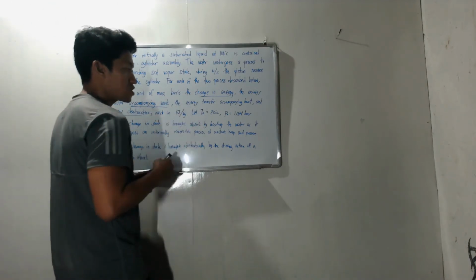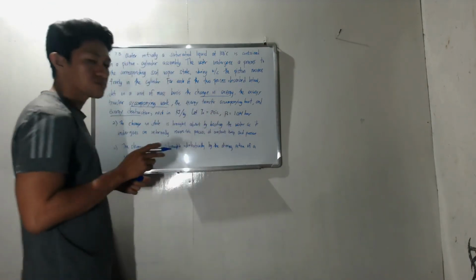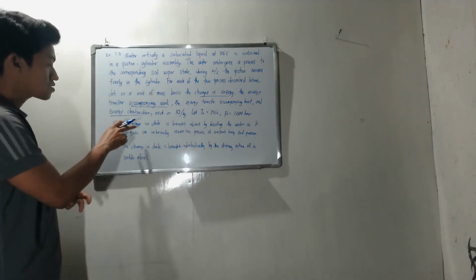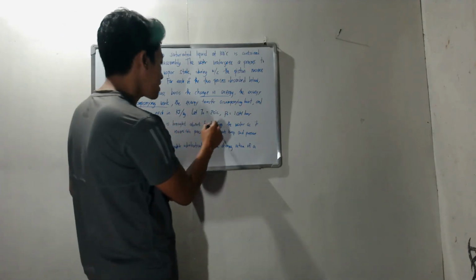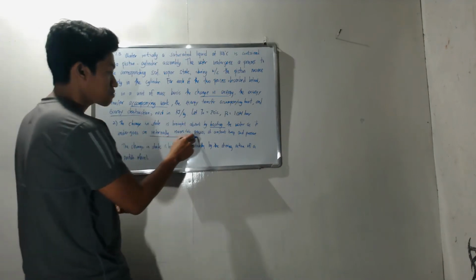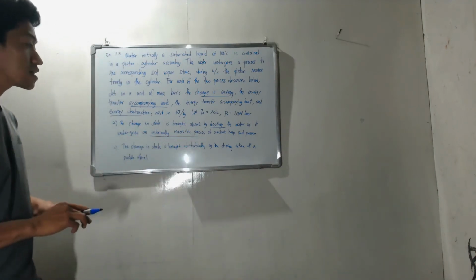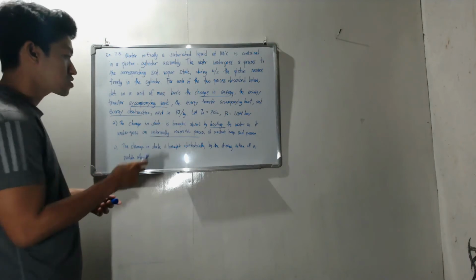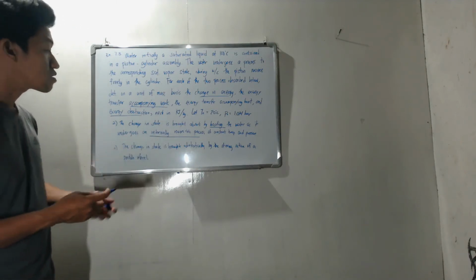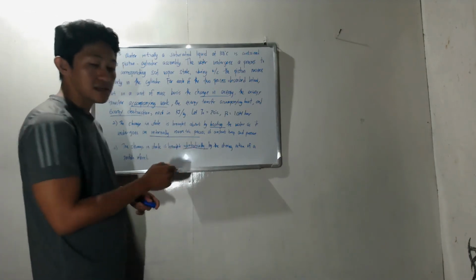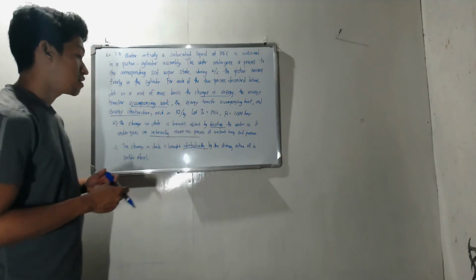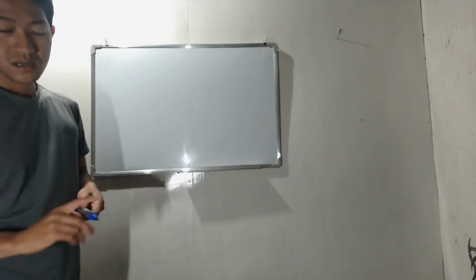The temperature and pressure of the environment are 20 degrees Celsius and 1.014 bar. Okay, this is the first process: the change in state is brought about by heating the water as it undergoes an internally reversible process at constant temperature and pressure. The second process: the change in state is brought about adiabatically, meaning there is no heat addition, by the stirring action of a paddle wheel.